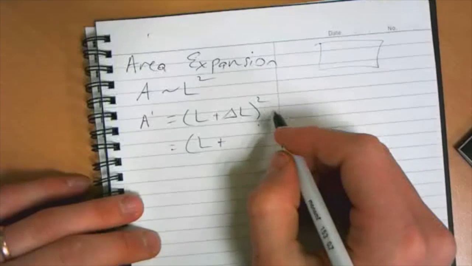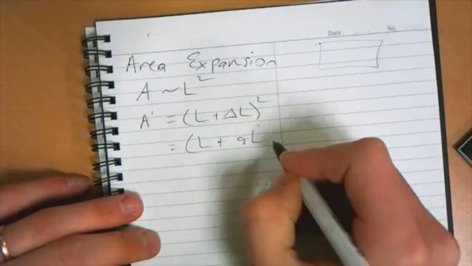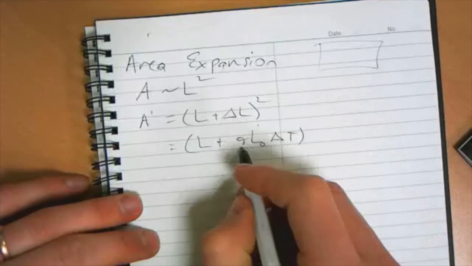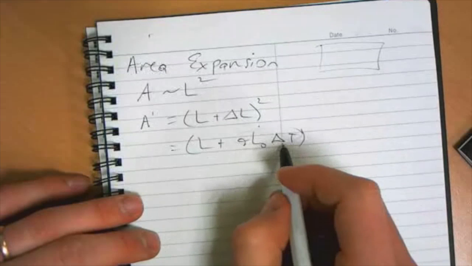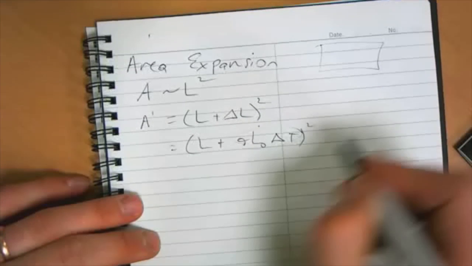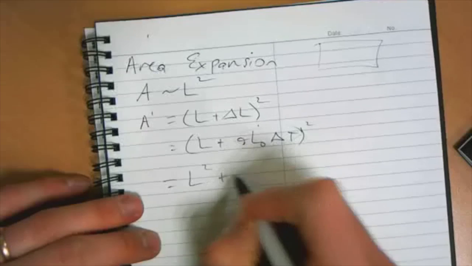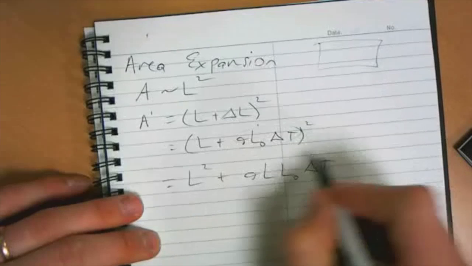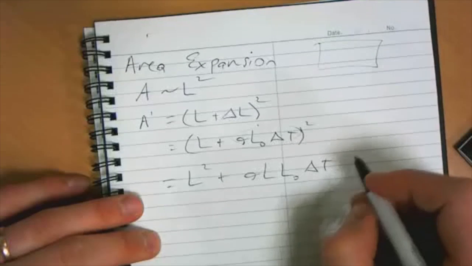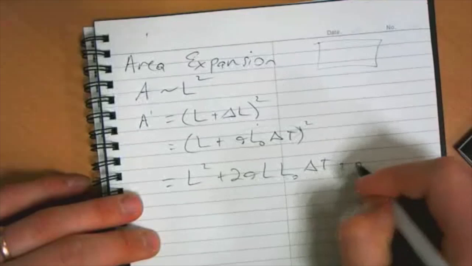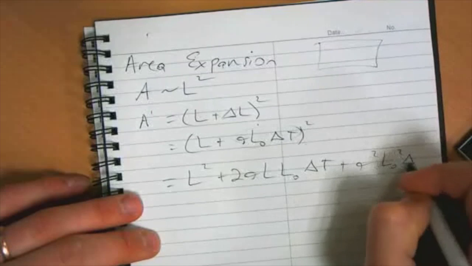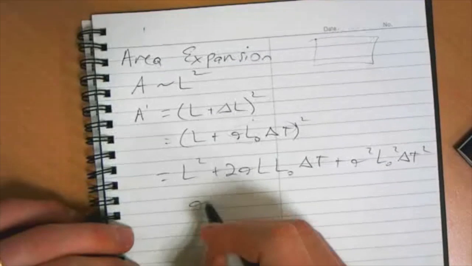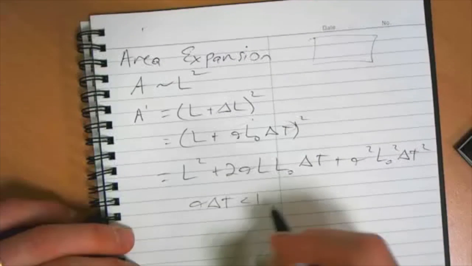from our equation on my previous page here. I said that a change in length is equal to alpha L naught delta T, and if we FOIL that out, we get an L naught squared, we get an alpha L naught delta T, and then 2 alpha L naught delta T plus an alpha squared L naught squared delta T squared. Now, alpha delta T is typically less than 1.